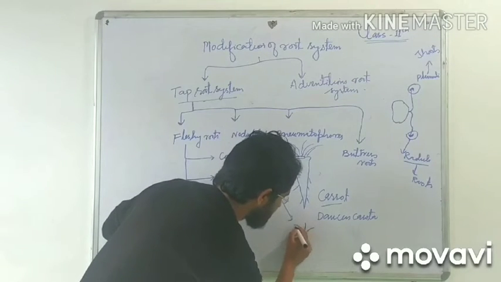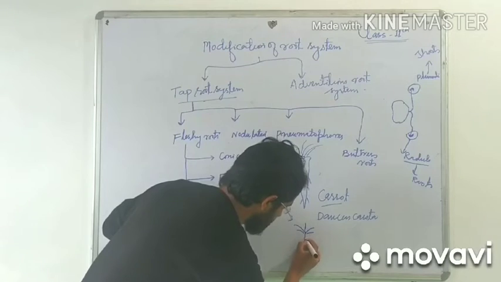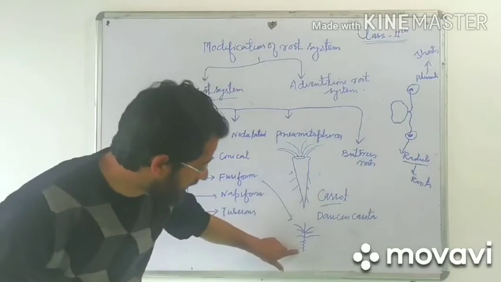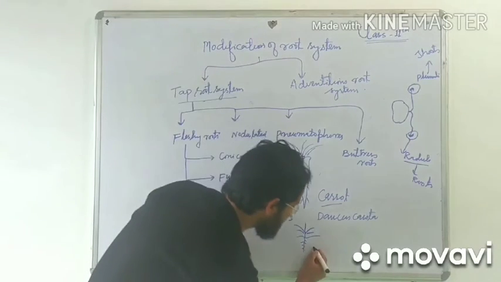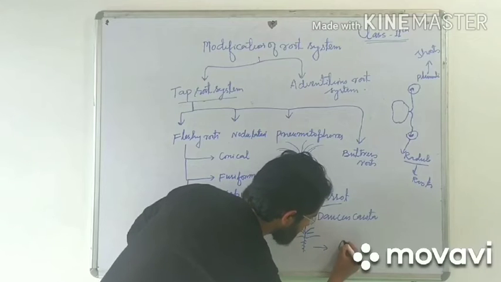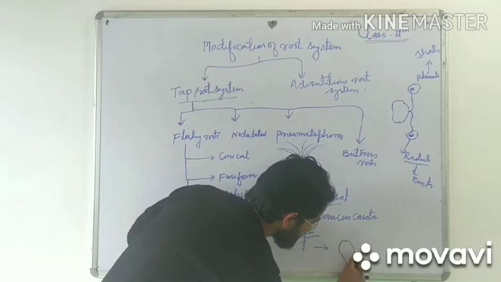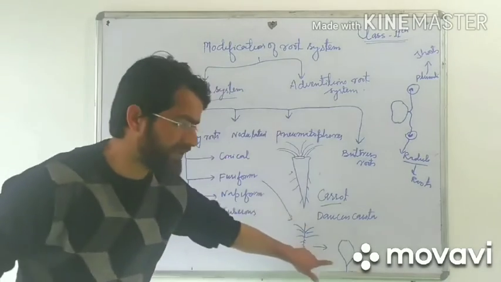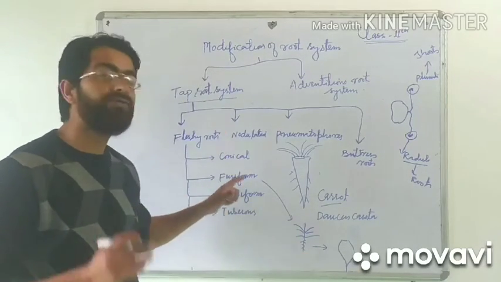Second is fusiform. This is a plant, and this is its primary root. When this primary root gets modified into a spindle-like structure, we call it fusiform.